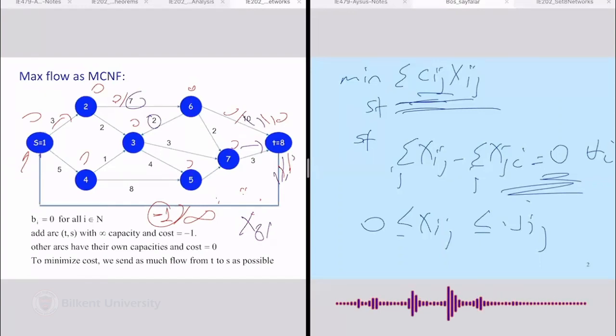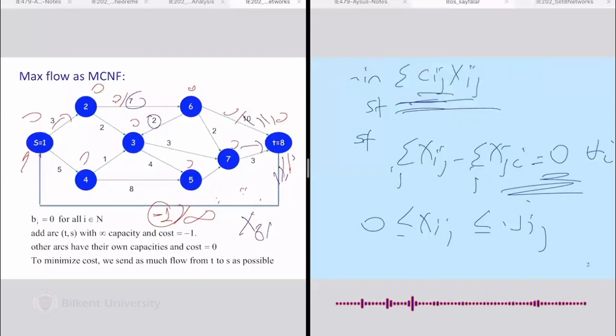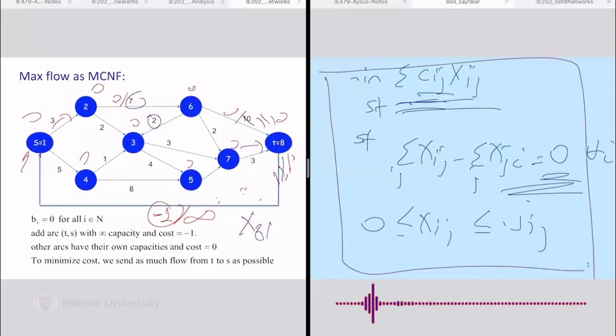Now, this is the time that you should start using those solvers. That's why you're going to have solver practices in the near future. When you write the solvers, there are easier ways for you to write these, in loops and everything. But yes, we have a flow balance constraint for each node, and we have an upper bound constraint for each arc. Exactly. Any other questions?